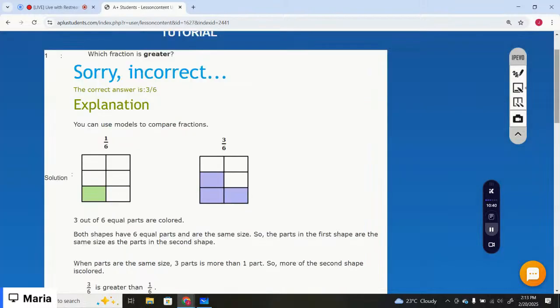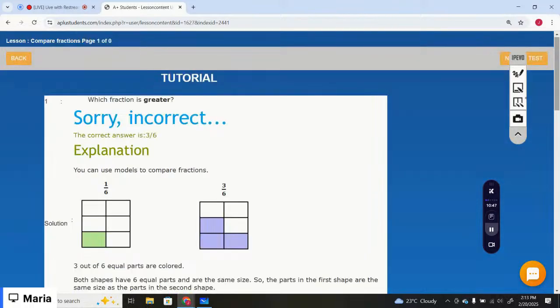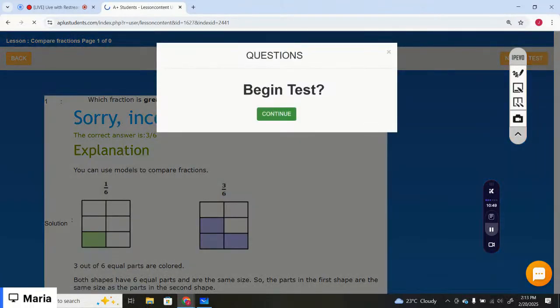The one that has more portion colored is greater. So 3 by 6 is greater than 1 over 6, right? Option number 1, 3 by 6, is the correct option, right? Let's just start with the test questions.